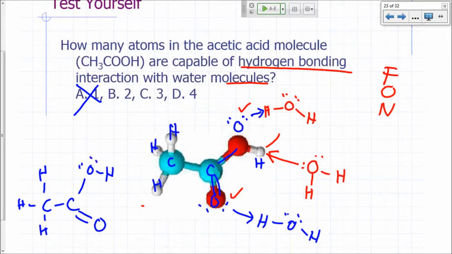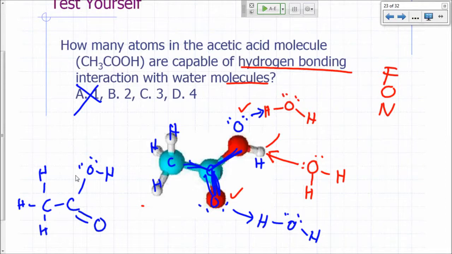The fact that this carbon has a steric number of 3, there are only 3 groups sticking out of it, tells you that one of these would have to be a double bond, and it's this one right here. So you have to review your molecular structure.